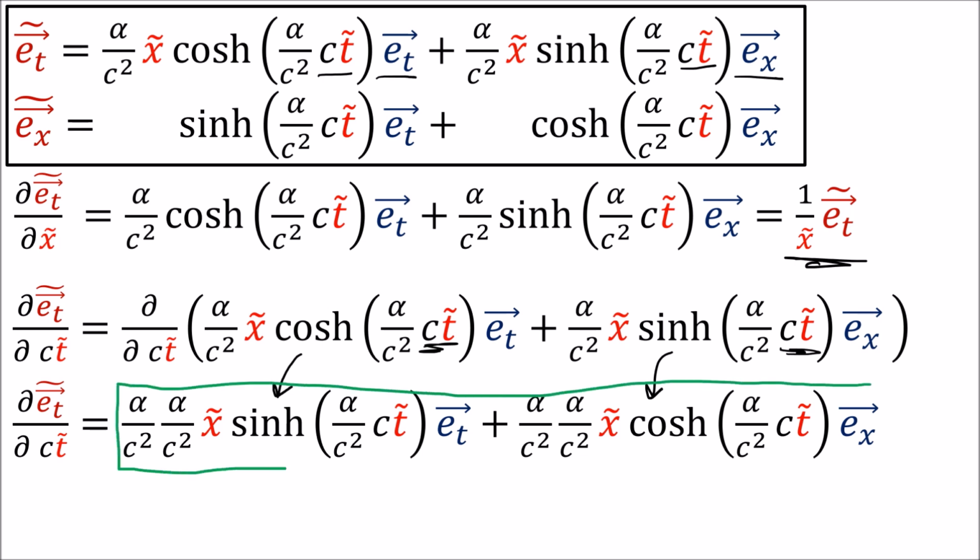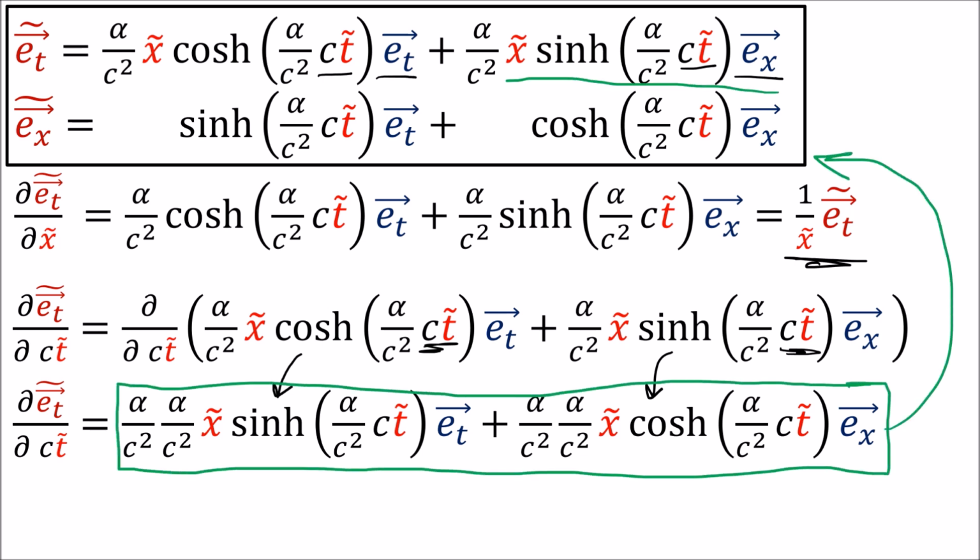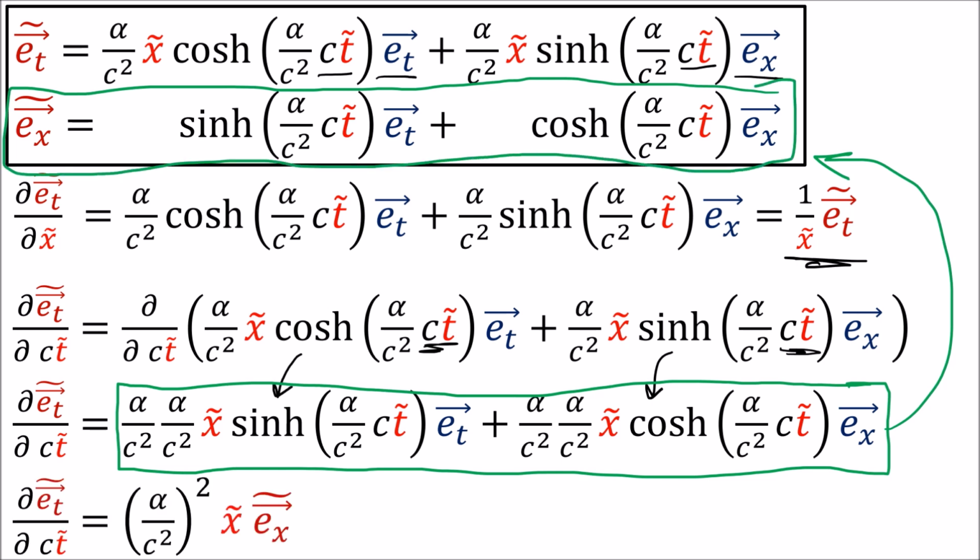And all of this is just the e x tilde basis vector, but with all the terms multiplied by these repeated constants and x tilde. So this derivative equals the square of alpha over c squared times x tilde times e x tilde. If we use the definition of the Rindler distance, capital D, we could also rewrite this as x tilde over D squared times e x tilde.